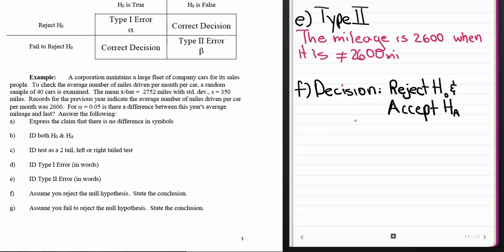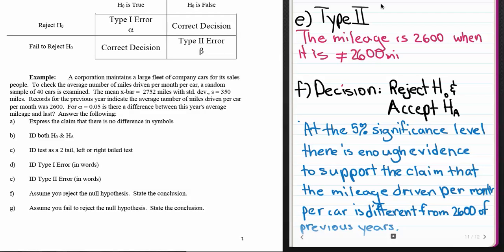I'm going to go ahead and write that out because I want you to see it exactly like I want it written. All right, so here it is written out. At the 5% significance level, there is enough evidence to support the claim that the mileage driven per month per car is different from 2,600 of previous years.